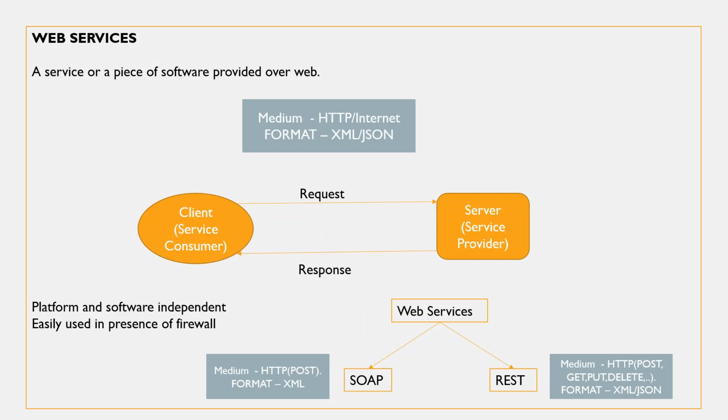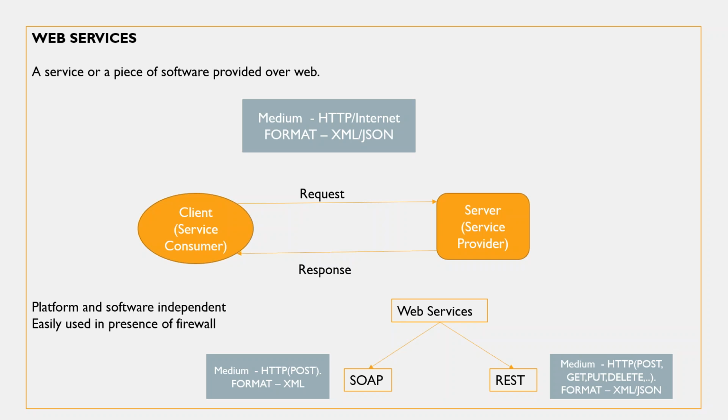They are nothing but the services available over the web. They enable communication between applications over the web. They provide a standard protocol or format for communication. Using web services, two different applications can talk to each other and exchange data or information.